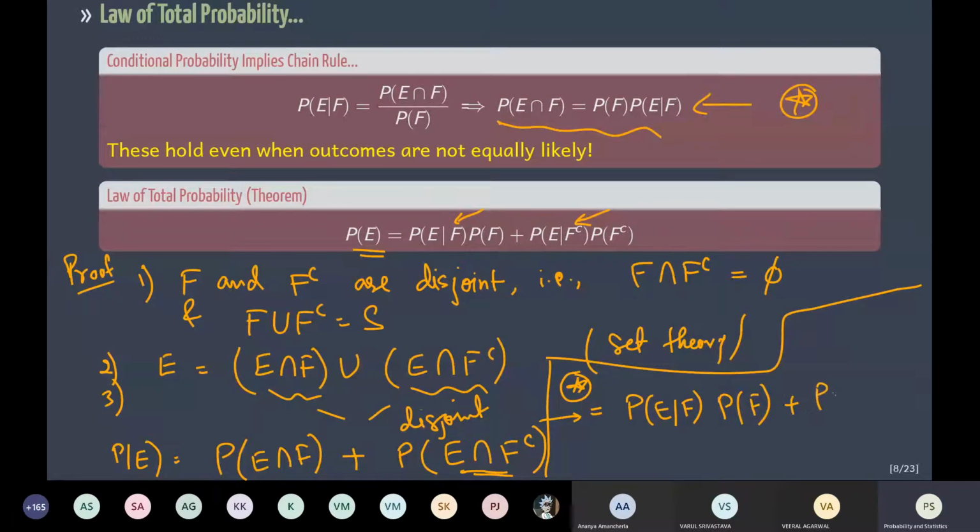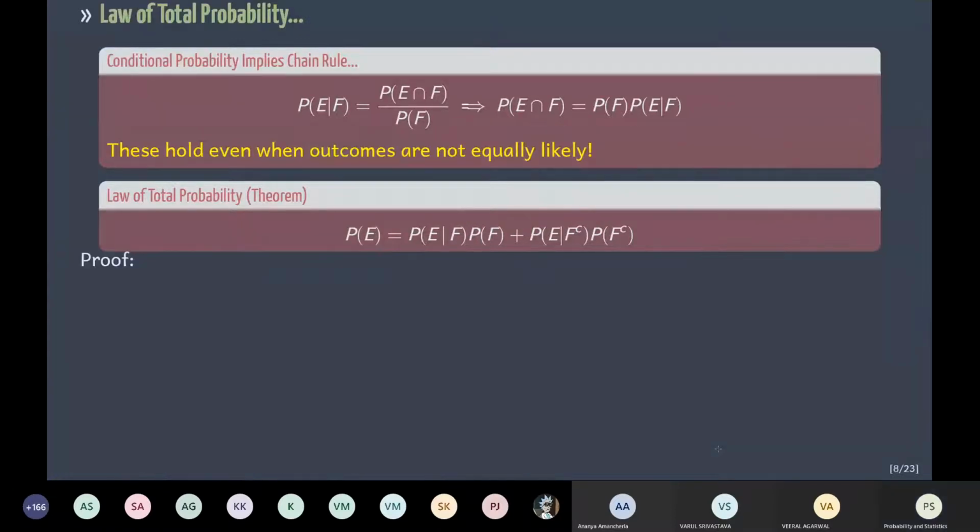So this is plus probability of E given F complement, probability of F complement. Okay, so this is the proof of the law of total probability.